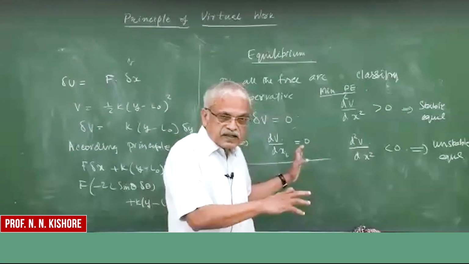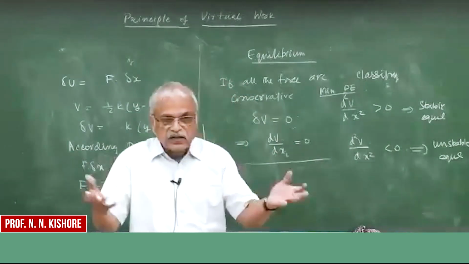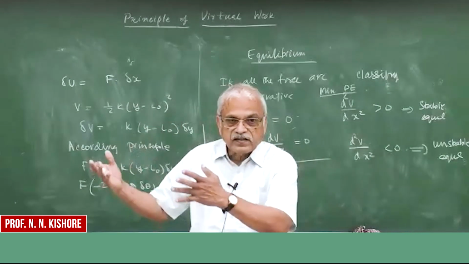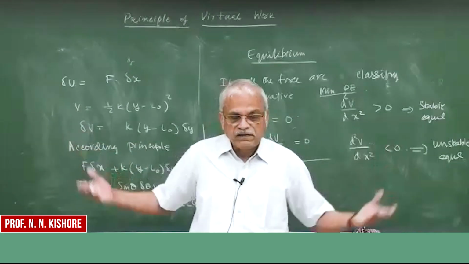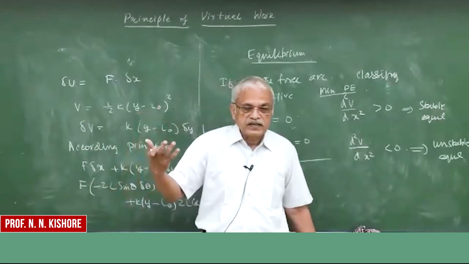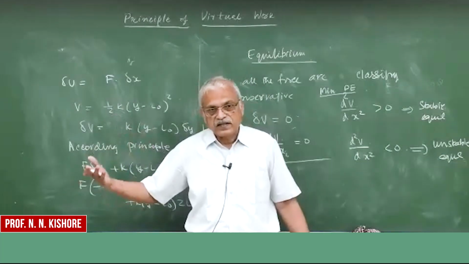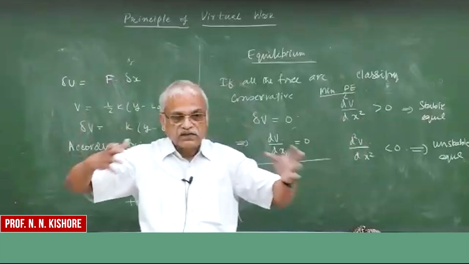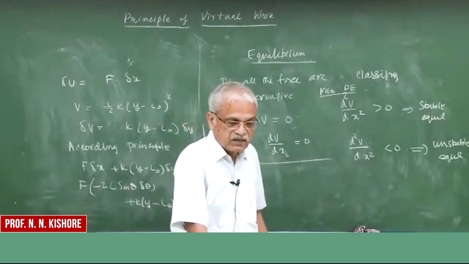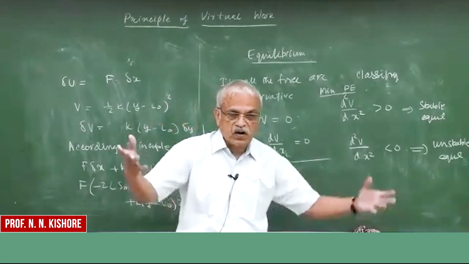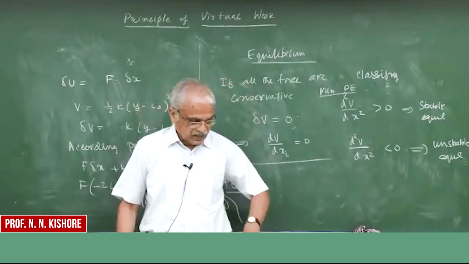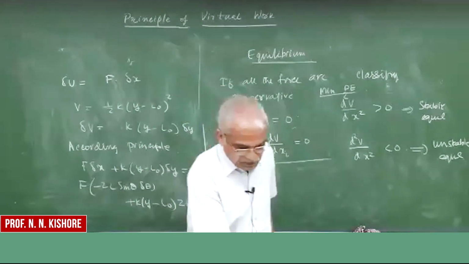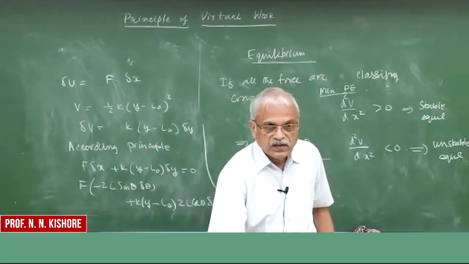Particularly in this case, you can mix up theta and x and y. If you have 3 degrees of freedom, you can take theta as one degree of freedom, x as another, phi as another, and combine all of them to get the equilibrium equation. So it's not always necessary to have a Cartesian system. I suppose we'll stop here.